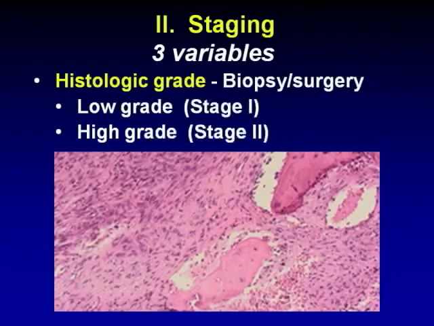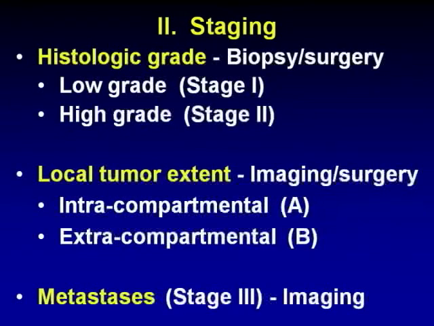What about staging? Well, there are three variables that go into staging, particularly malignant musculoskeletal tumors, like the bone tumors that we've been seeing. One variable is the histologic grade. Under a microscope, they look either low grade or high grade. In addition to the histologic grade, one looks at the local tumor extent.